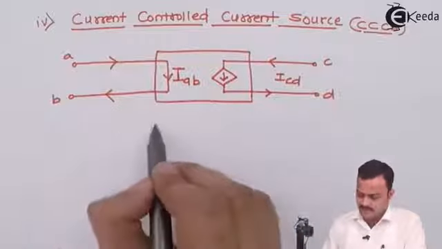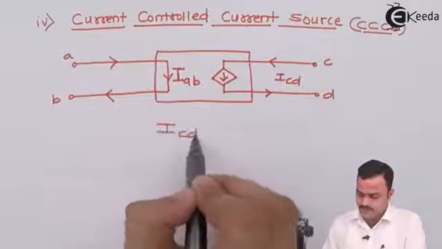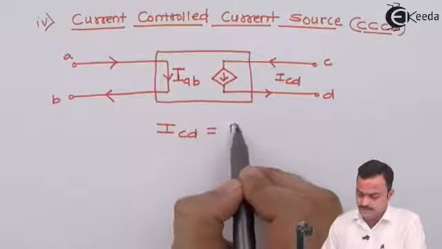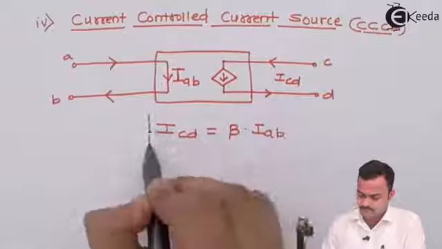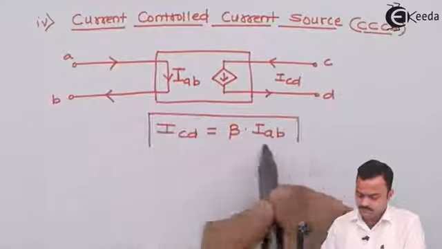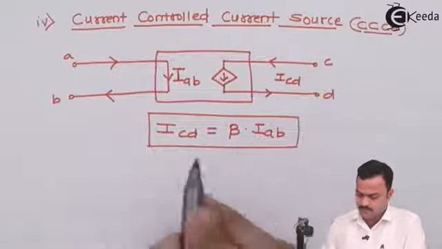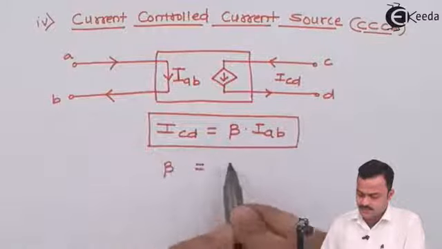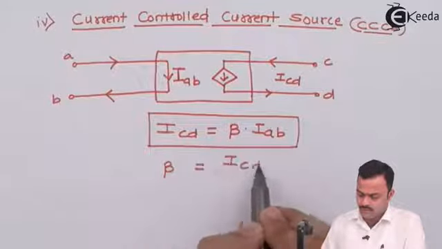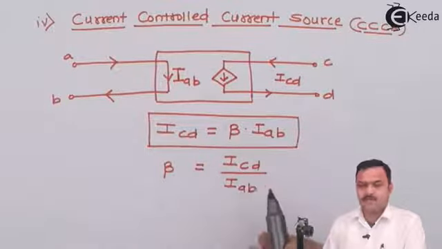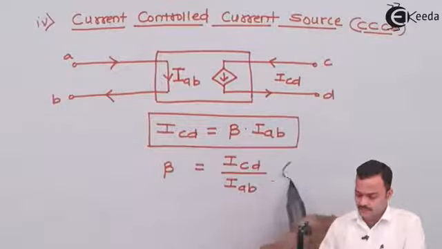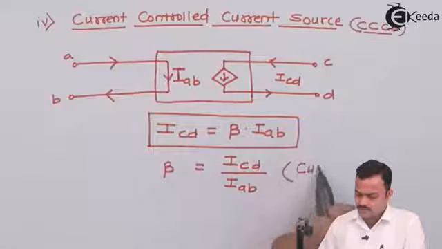So we can say ICD is being controlled by IAB by the factor beta. I can get beta as the ratio of two currents, ICD and IAB, a dimensionless quantity which we call current gain.